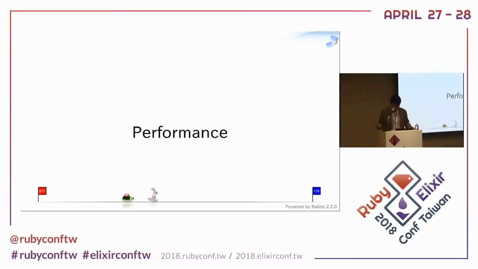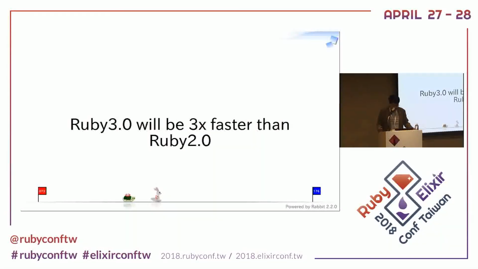So for performance, some years ago, I proposed the slogan named Ruby 3x3, or 3 times 3. That means Ruby 3.0 will be 3 times faster than Ruby 2.0, which we released in 2013.